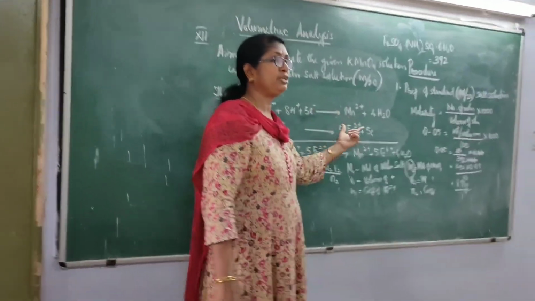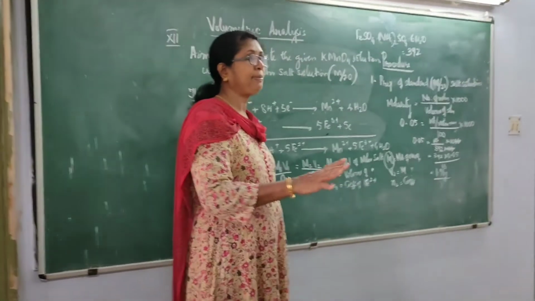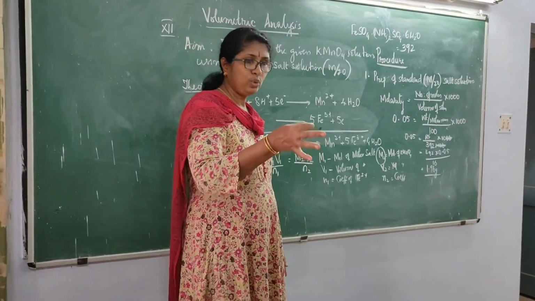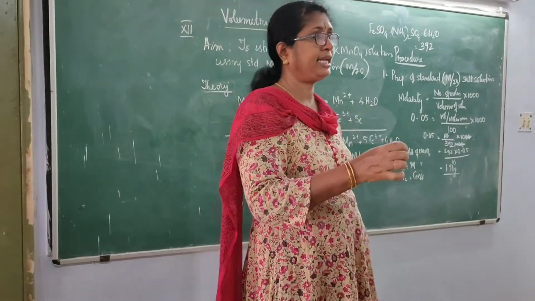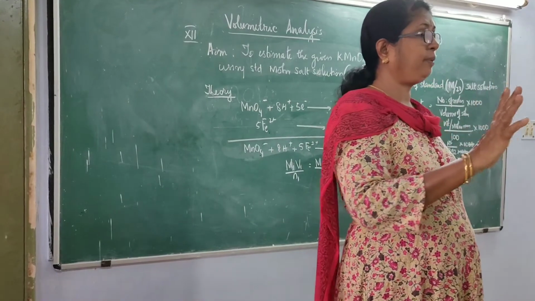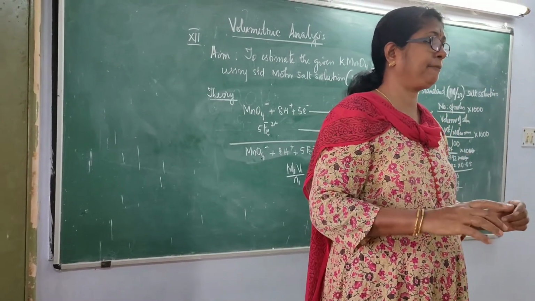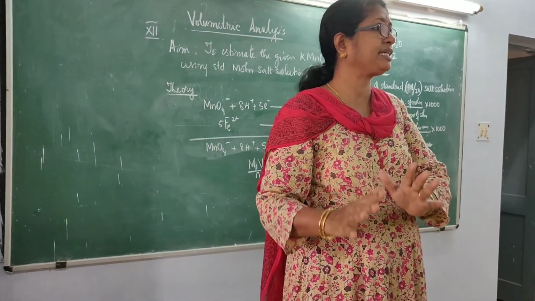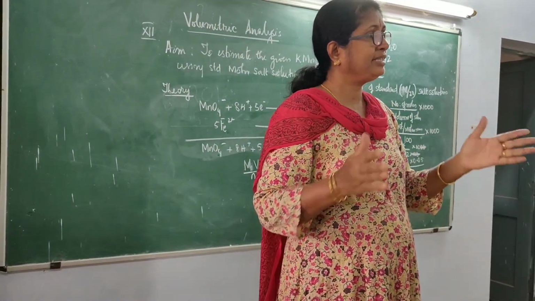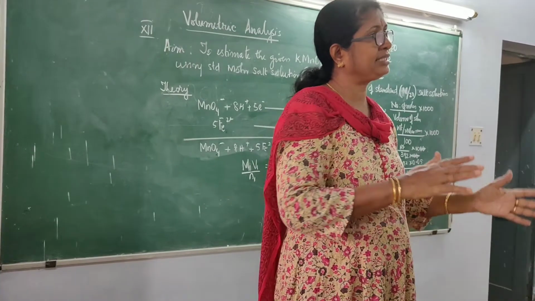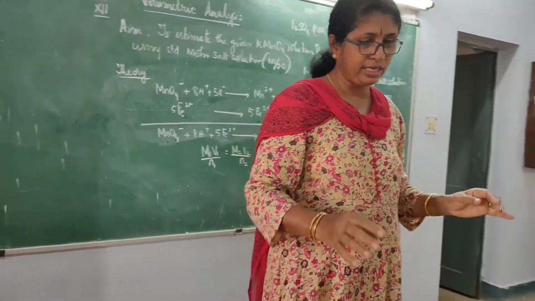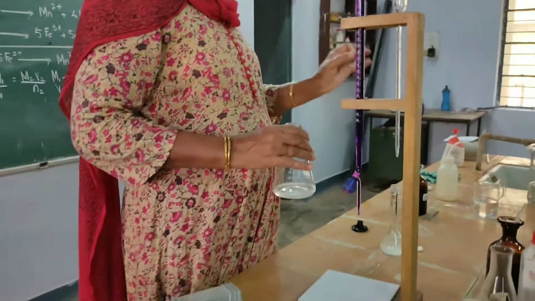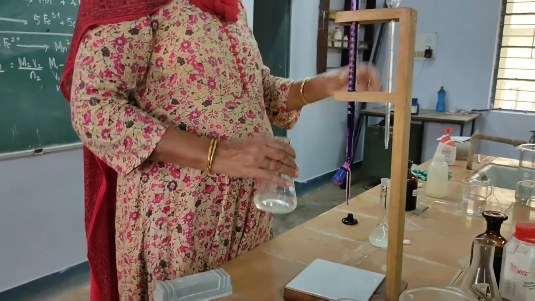That means the pink color will not disappear. So you must get a pink color by the addition of one drop. That must be a permanent pink color. That is the end point, where all the Fe2+ is converted to Fe3+ and correspondingly MnO4- is converted to Mn2+. So you will have to titrate till you get a permanent pink color.